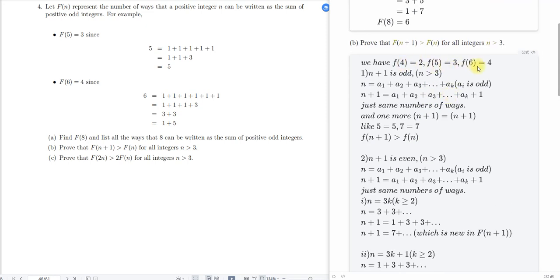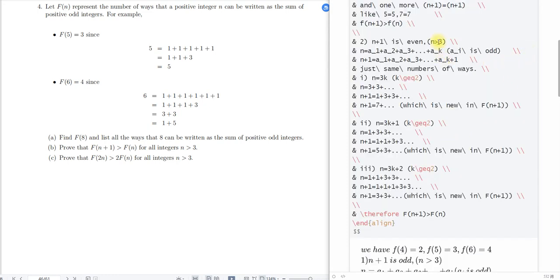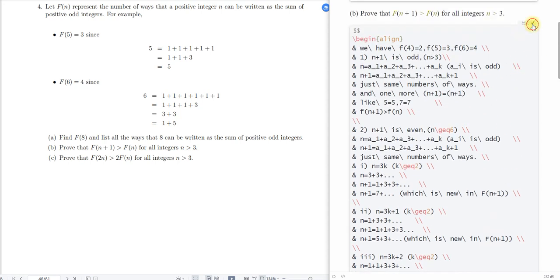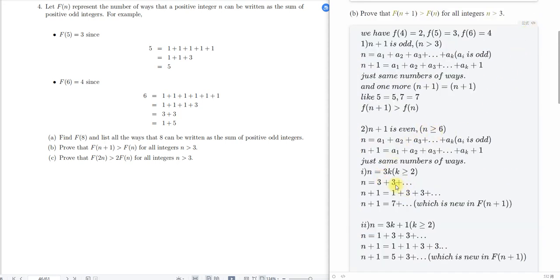Because we already discussed everything here, n will be greater than or equal to 6. So we have at least 2 threes here. So 1 plus 3 plus 3 will be 7.